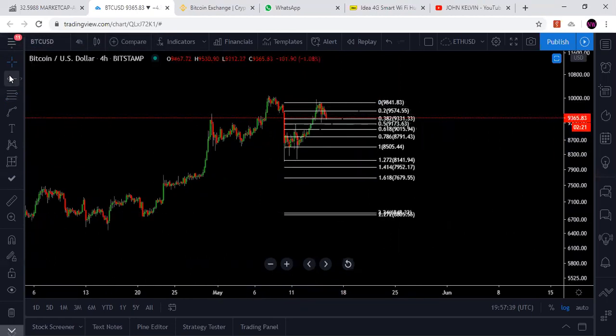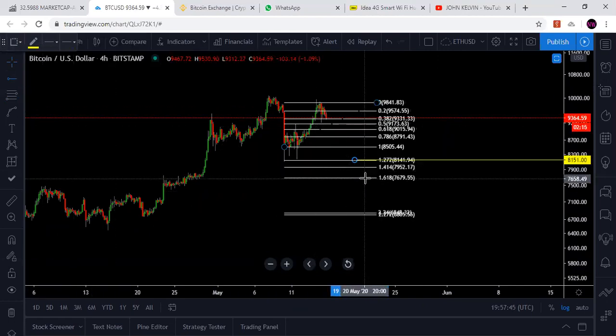Now what are those three extension ratios? We have the 1.272 down to the 1.618.